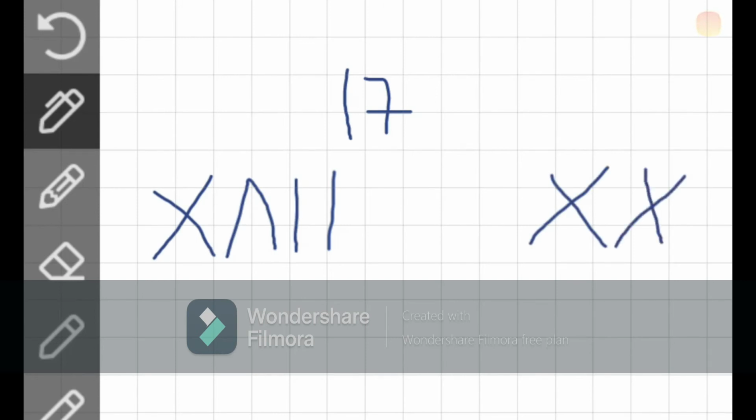And how do we arrive at 17 from 20? Of course you deduct 3 from 20 to make it 17. 1, 2, and 3. So you may write 17 that way, but it's rarely used by the Etruscans, so we may use the additive method.